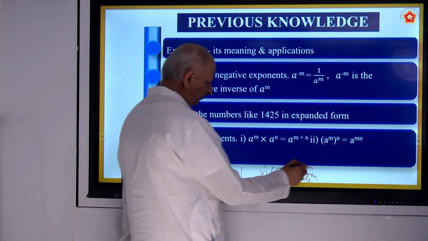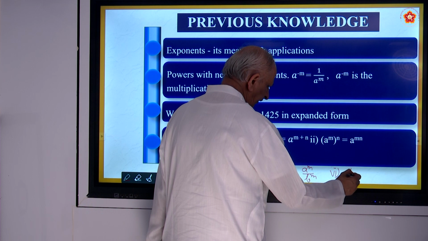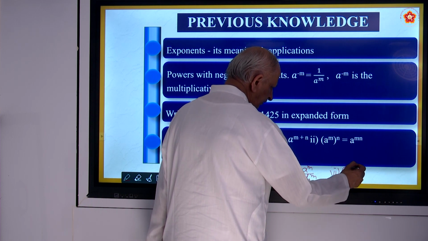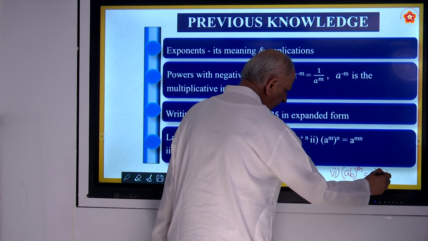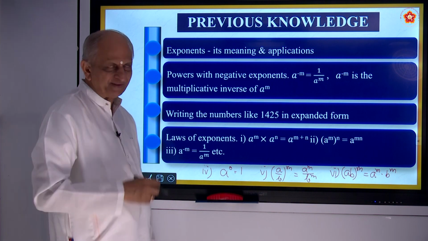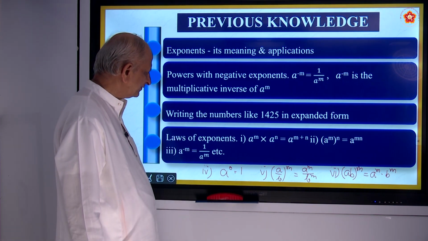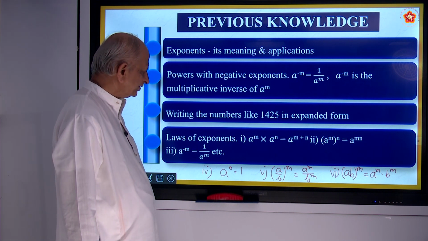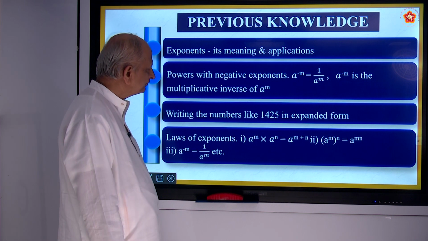One more you can have, the sixth law: ab to the power of m is equal to a to the power of m into b to the power of m. These are called laws of indices or laws of exponents. So these are the things we have studied in the previous class.